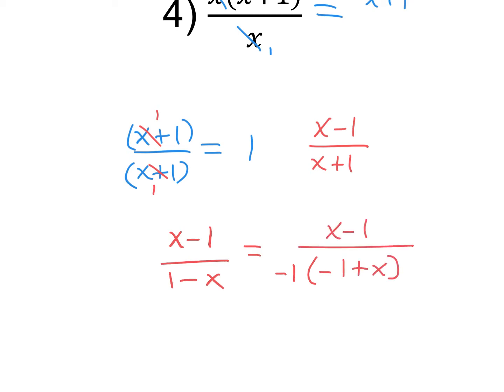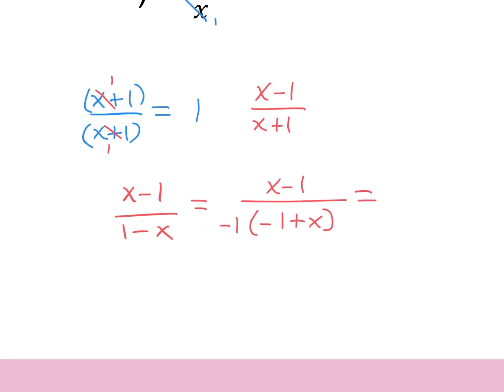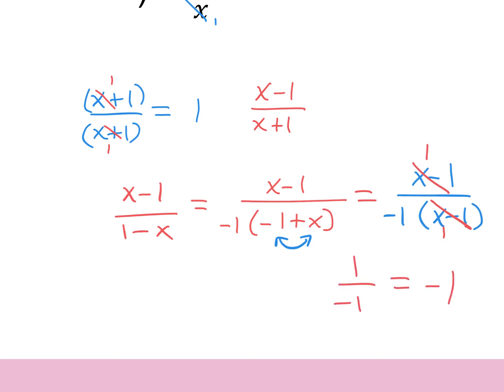And if it helps you to see it flipped around so it looks the same, remember addition is commutative, so I can flip these. And it's negative 1 times x minus 1 now in the bottom. And now you can see that it simplifies. And again, you're left with 1 over negative 1, which is negative 1.